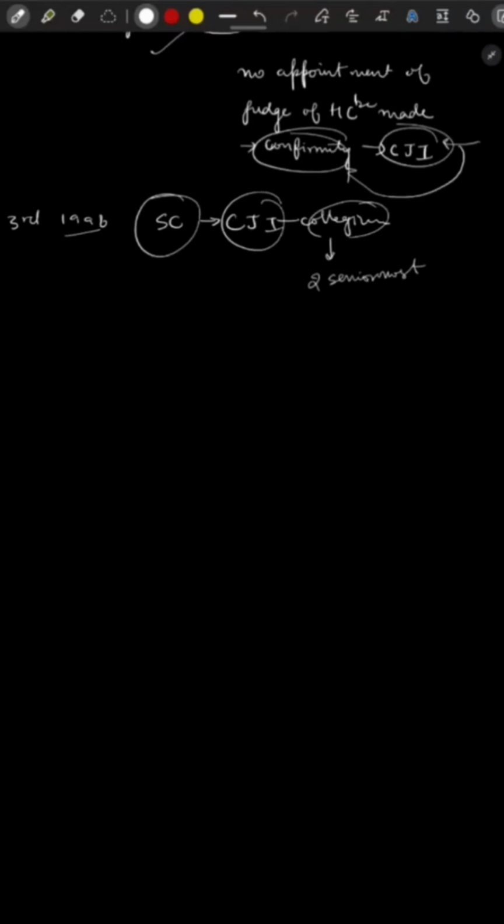Then came the 99th Constitutional Amendment Act of 2014, where NJAC, the National Judicial Appointments Commission, was framed to replace the collegium system.